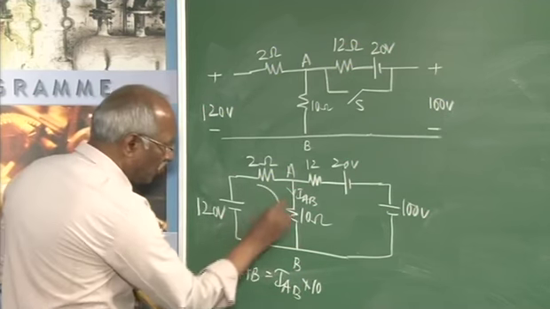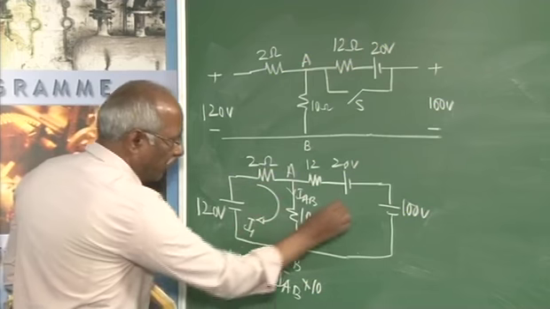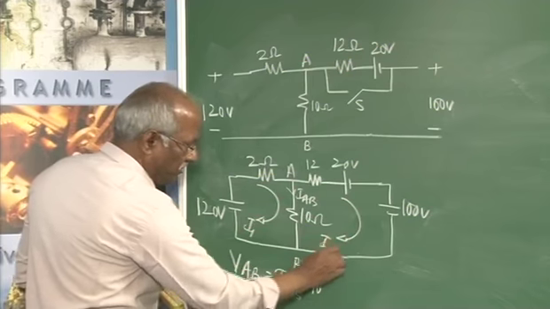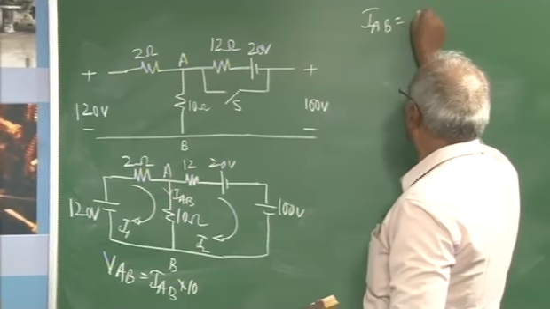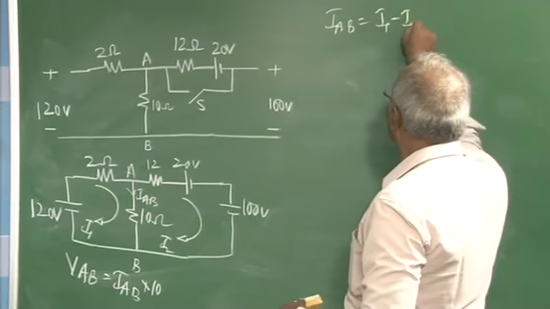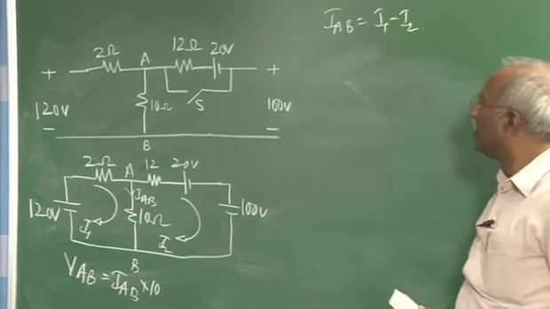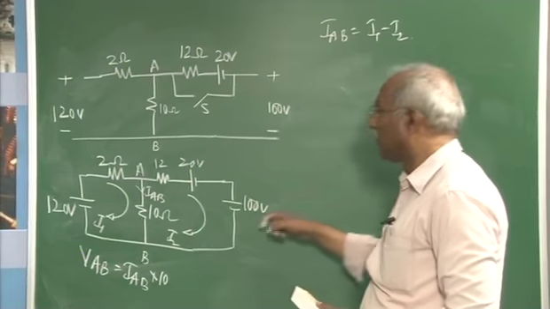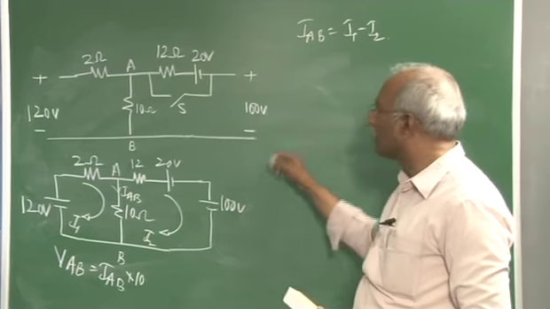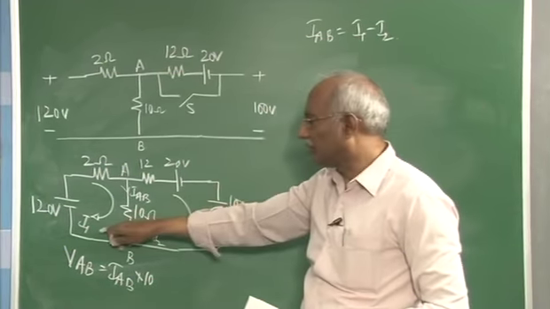If I assume two loop currents I1 and I2, then IAB will be equal to I1 minus I2. To know IAB and VAB, I have to find I1 and I2, for which I go for the same Kirchhoff voltage law equations.